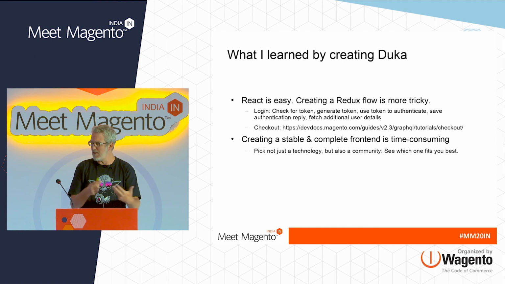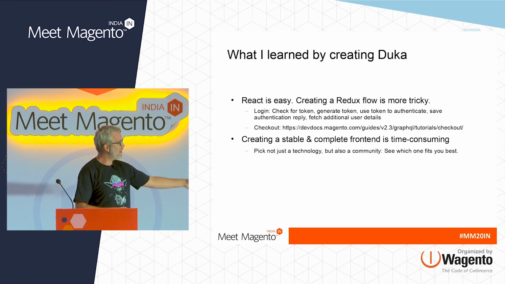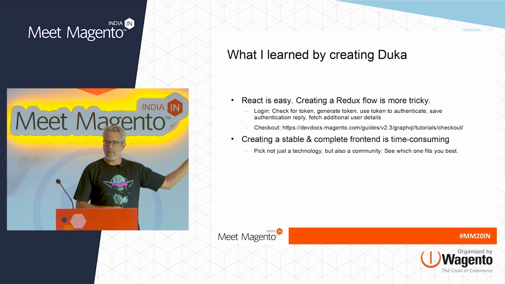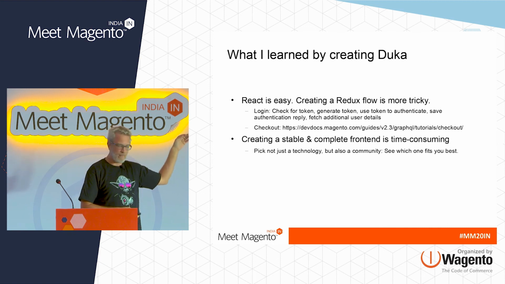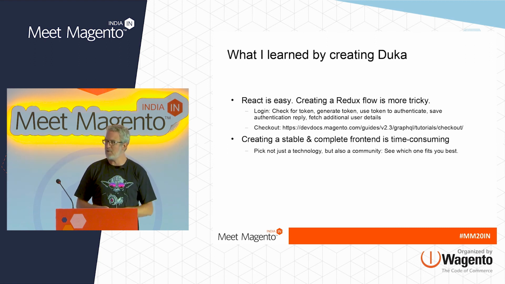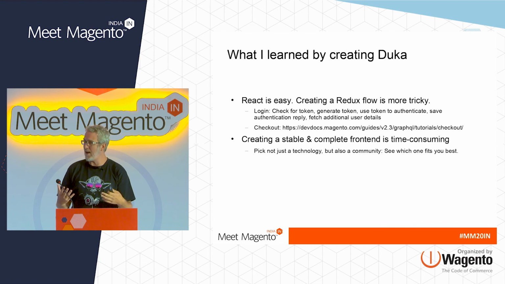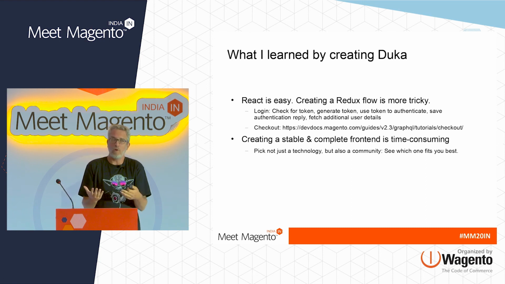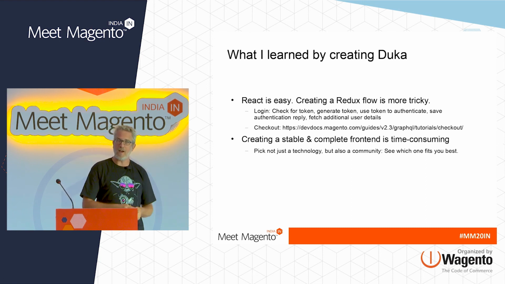And this whole procedure needs to be written somehow by yourself or by somebody else before actually a login is happening. And likewise with the checkout, and this presentation will be shared with you later on, and then the login has a link actually towards the Magento documentation explaining basically how complex but how doable also a checkout can be based upon GraphQL.